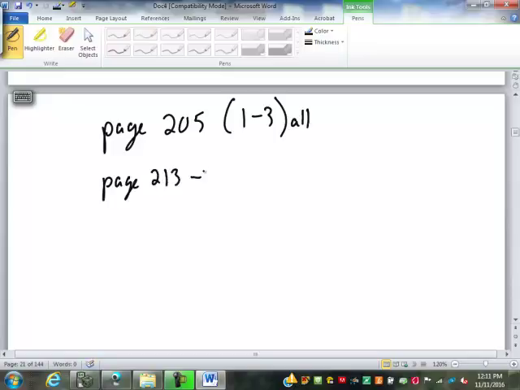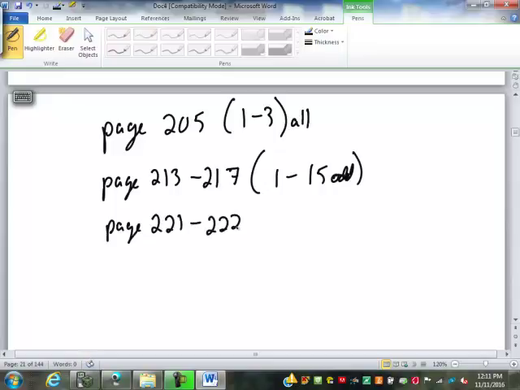Page 213 through 217, I'll look at 1 through 15, the odds. Page 221 through 222, also 1 through 15, the odds. And page 226, also 1 through 15, the odds.